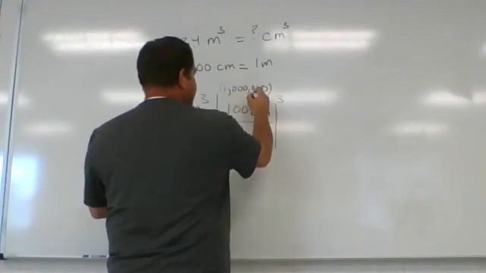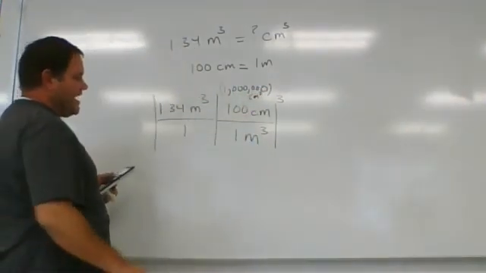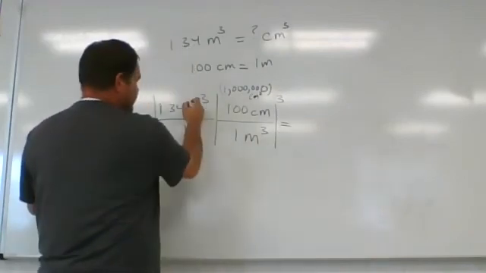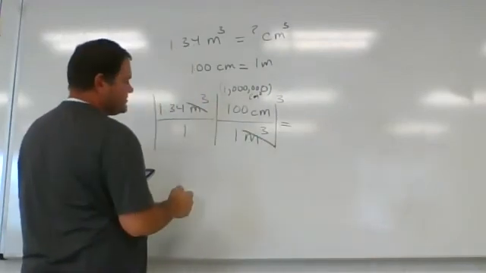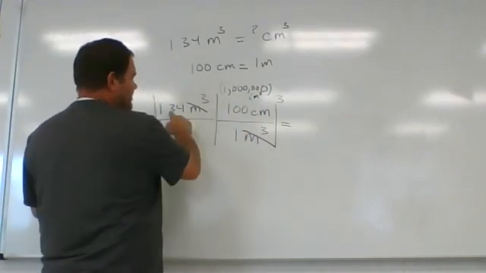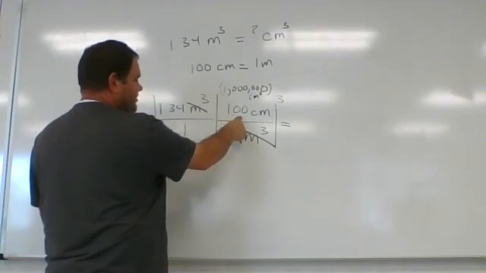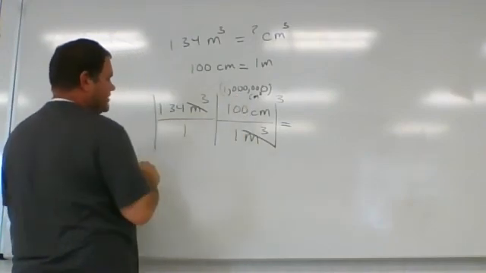So essentially, this is my answer when I cube 100. So now what I have to do is my cubic meters are canceled out, okay, because I cubed everything inside. But now instead of taking my 1.34 multiplying by 100, I'm actually multiplying by 1,000,000, okay?